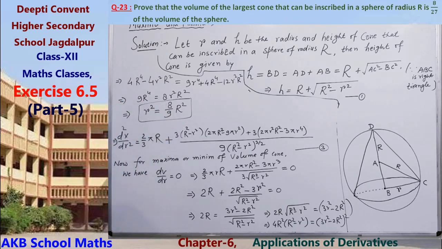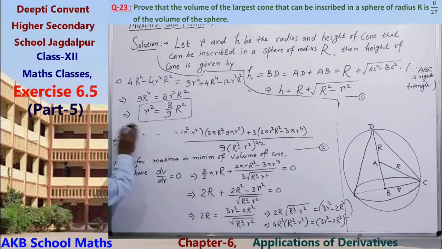Clear? Now we can see that for this value of small r², the second derivative is negative. We can say it by putting here.